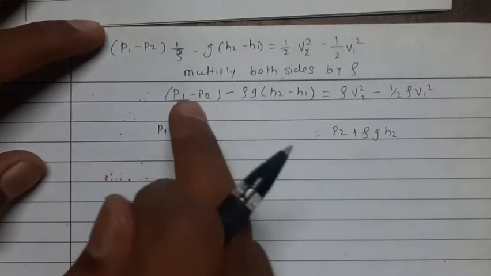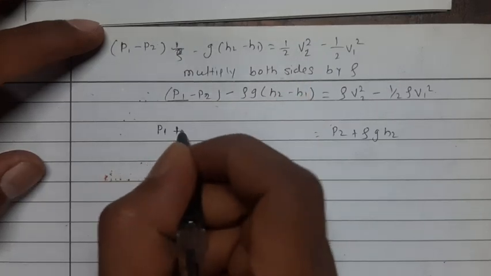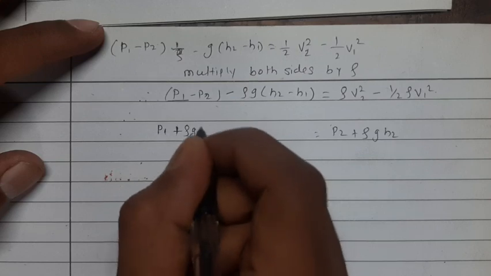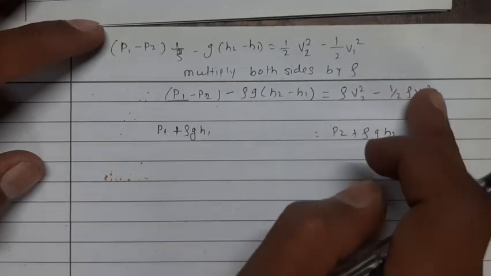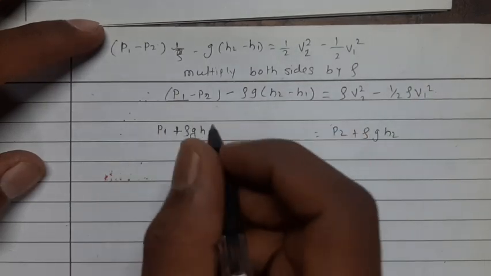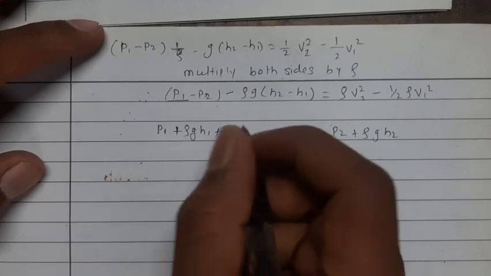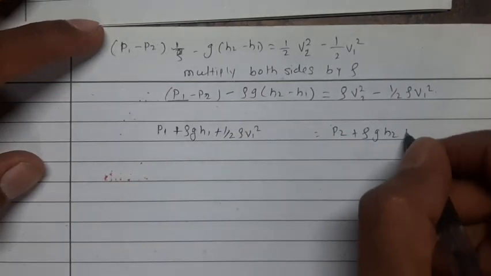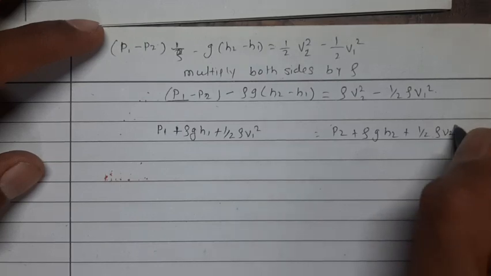And minus minus becomes plus rho g H1. And this 1/2 rho V1 square, which is minus on this side, if I transfer to the other side, becomes 1/2 rho V1 square, and it will be 1/2 rho V2 square on these sides.